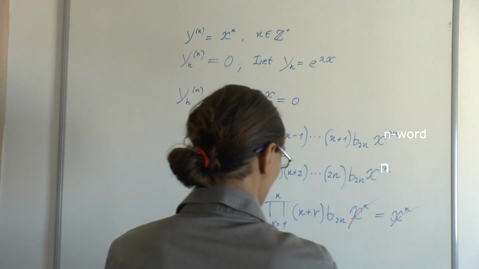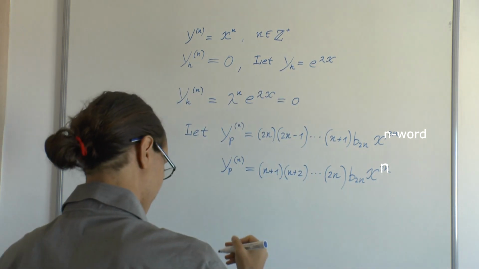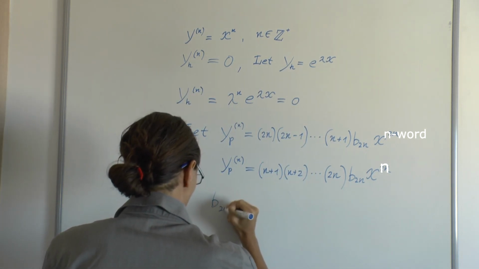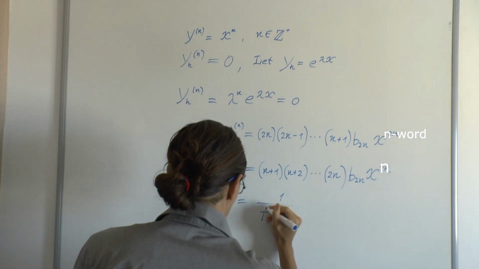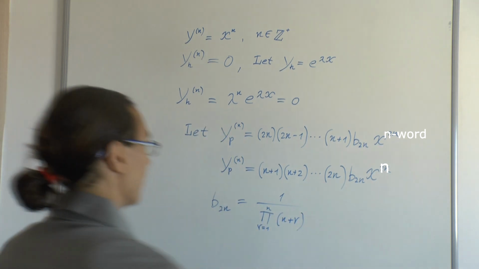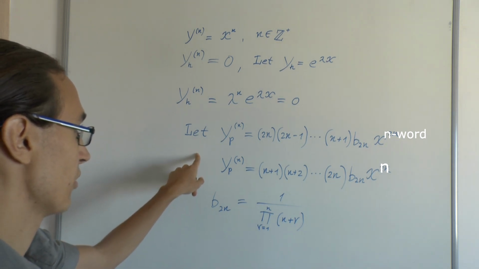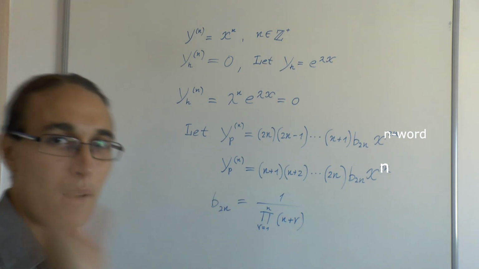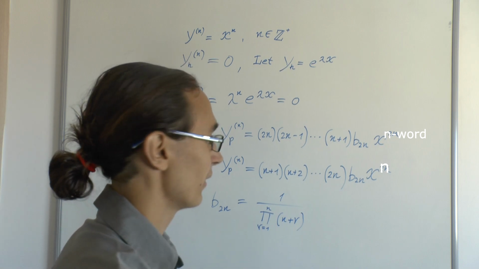And so, we conclude that our b2n is equal to the reciprocal of this product sequence, n plus r. Nice! But now remember what our particular solution was, or the form. A bunch of constants, a long polynomial of degree 2n.